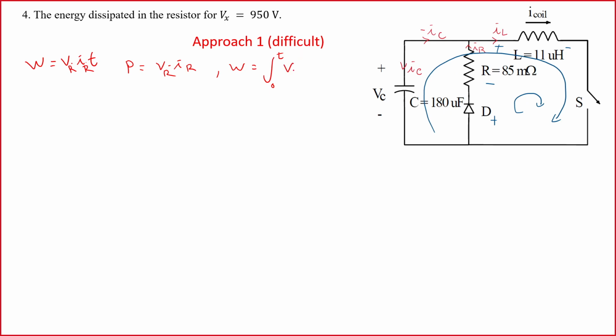So it's like this. Yes, teacher, it's close actually, because current IR is not constant, VR is not constant either. Okay.